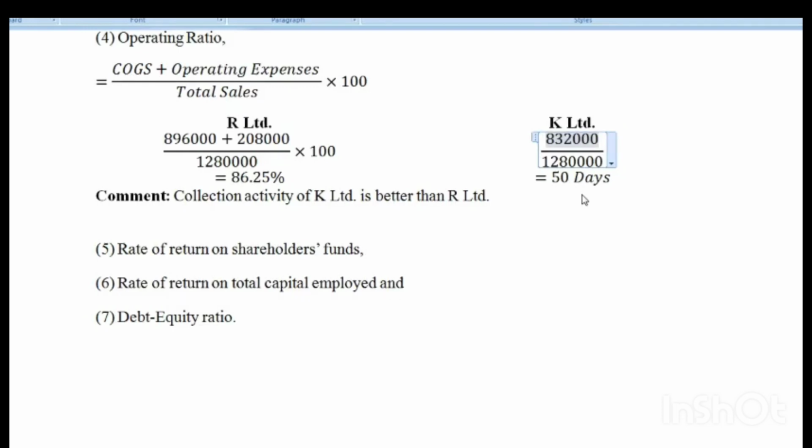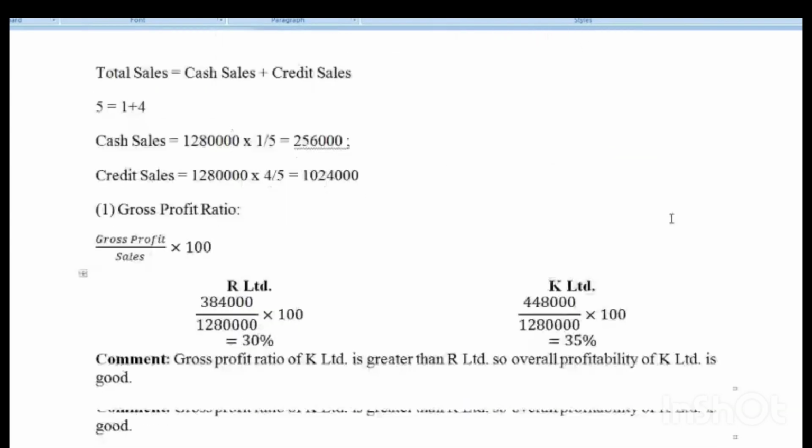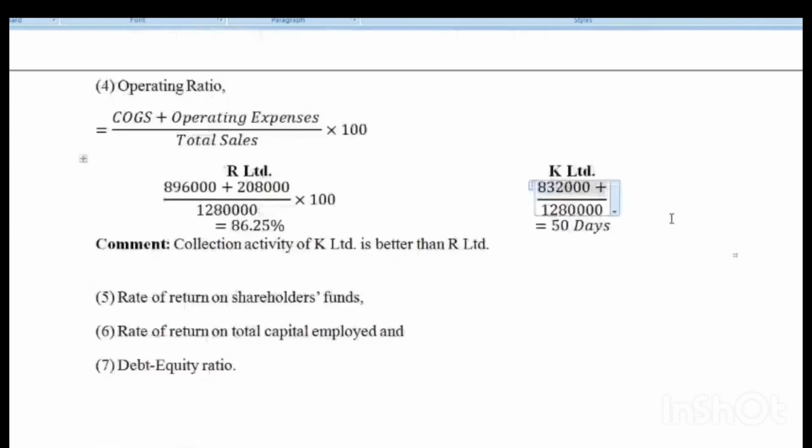And what are the operating expenses we calculated? 2,03,600. Now the answer is 80.90 percent. Okay, now tell me which one is better?